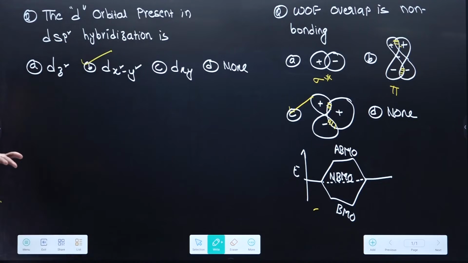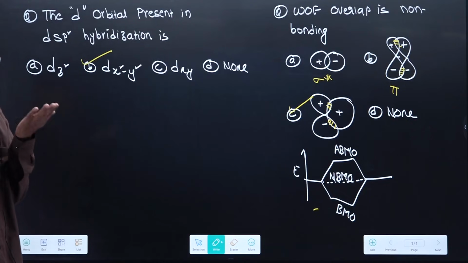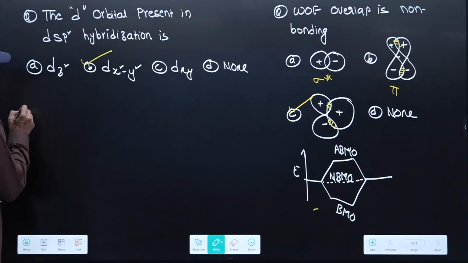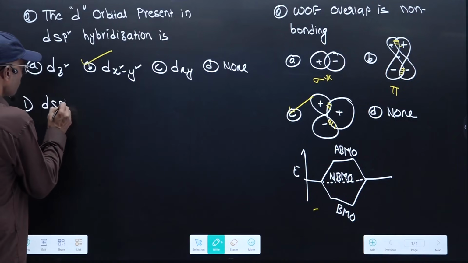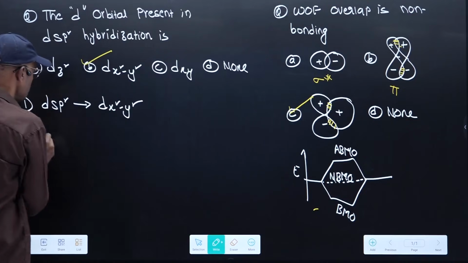Square planar. If it is tetrahedral, it is not planar. Square planar, only x and y should be in one plane. You can write in one plane if you take only two axes. So, if I take dsp2, what is the type of orbital present? dx square minus y square.